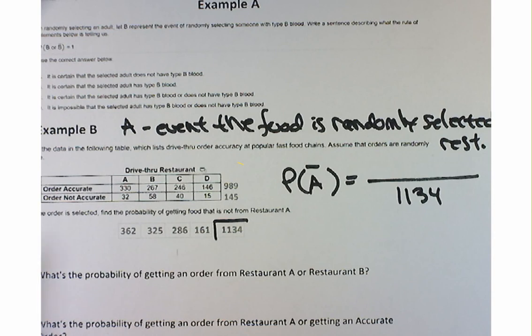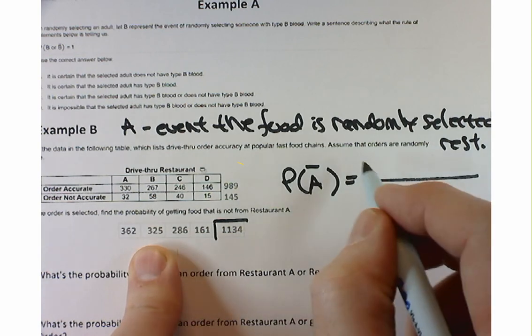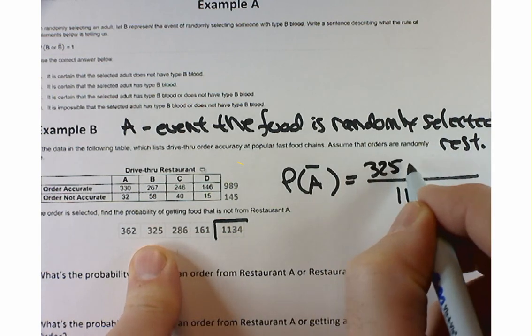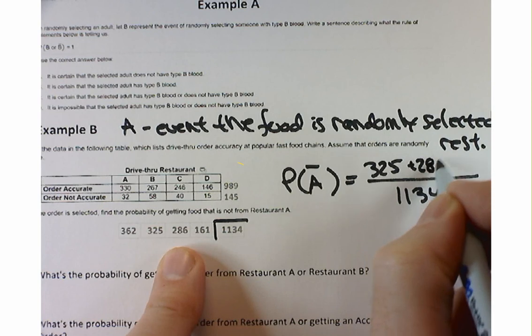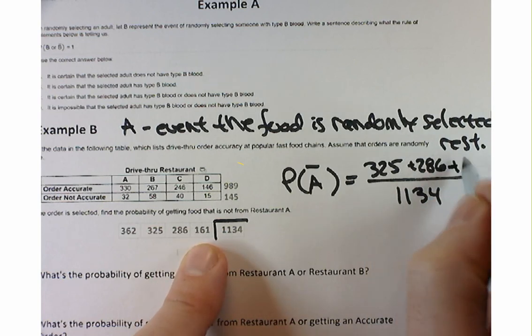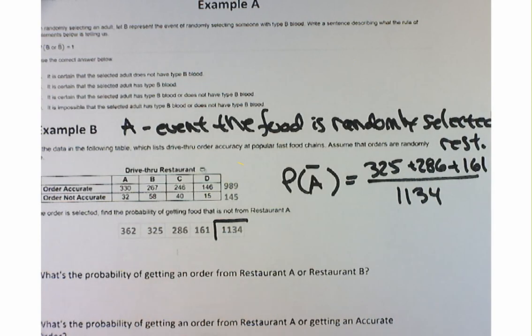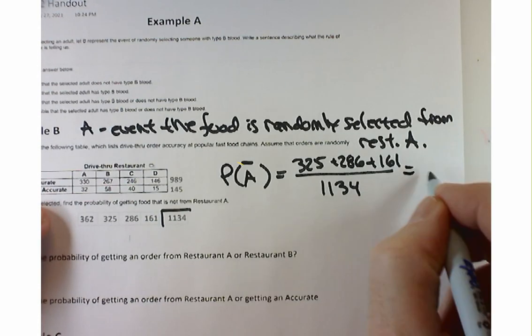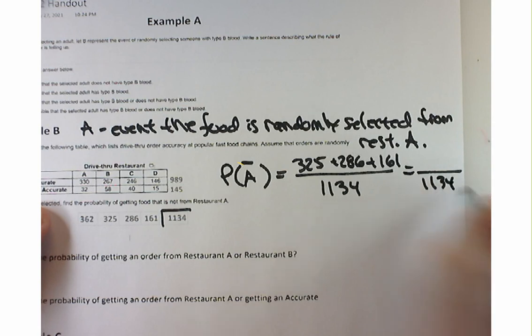And of that 1,134, let's add up the ones that come from something other than restaurant A. That'd be 325 plus 286 plus 161. So what's that probability?